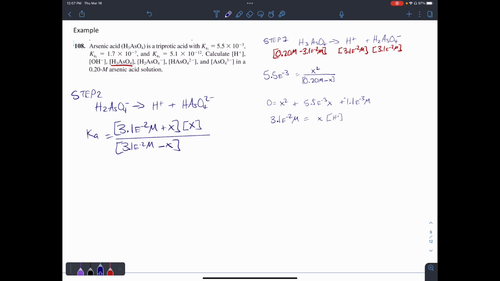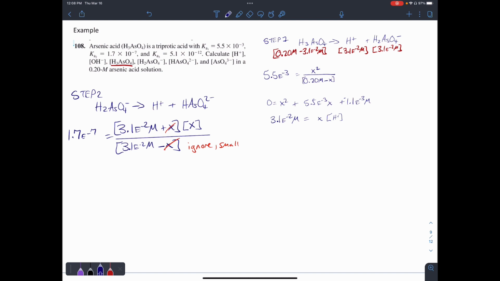Let's go ahead and solve. We're going to ignore these because they are small, and we're just going to calculate X. And this works even more reliably for a polyprotic than it did before. I know you might have felt, well, hey, we don't know if it passes the 5% rule.